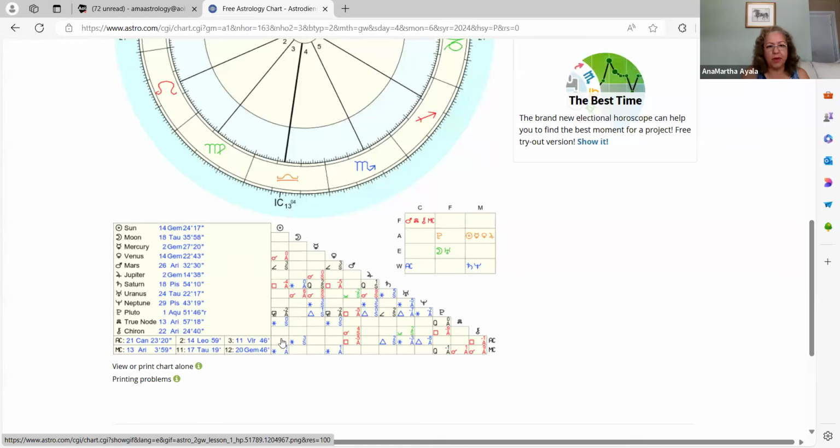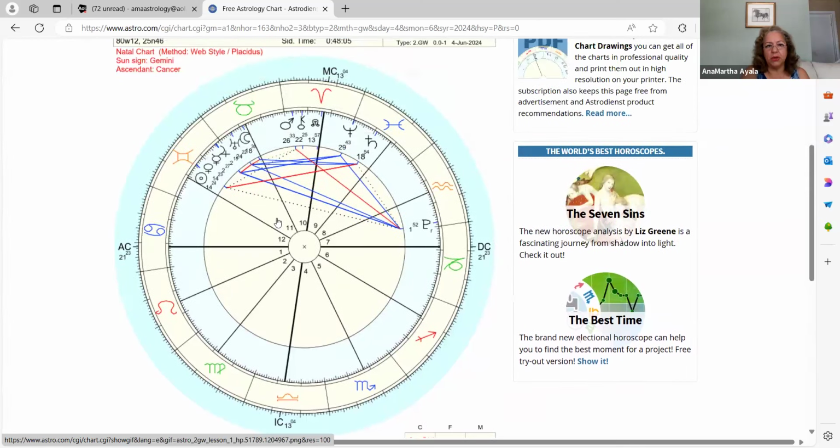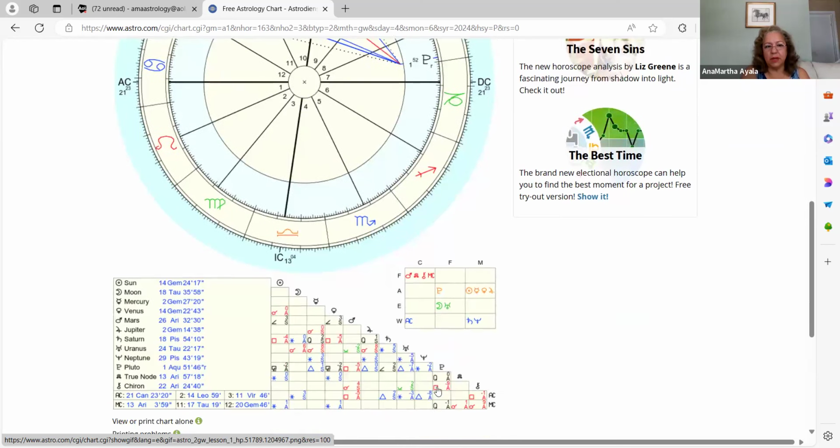So you have a trine. You have Pluto that's in trine with Mercury. So you have Pluto with a large blue line going to Mercury. And so on and so forth. All of these symbols, you have this little asterisk thing here is a sextile.